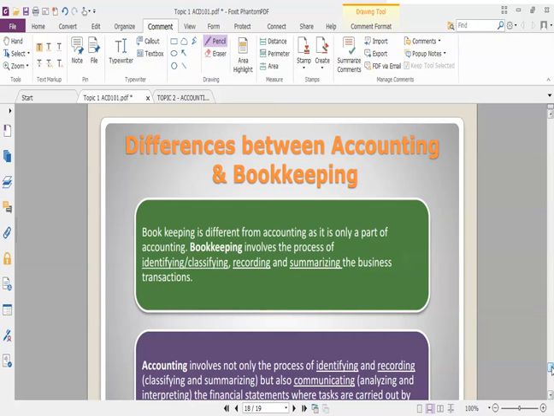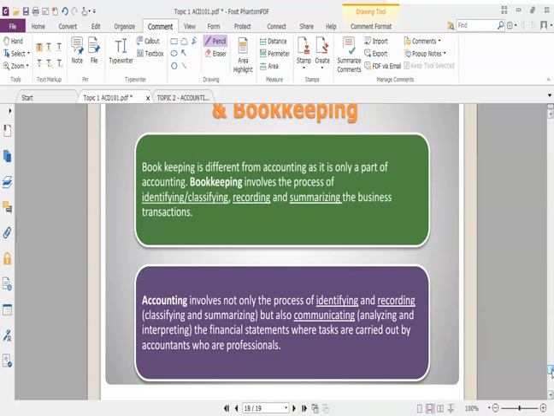Bookkeeping is only a part or a technique under accounting, such as the process of classifying the types of source information or transactions, recording all the bills and receipts, and then summarizing the business transactions into the financial statement. We call that the bookkeeping system.